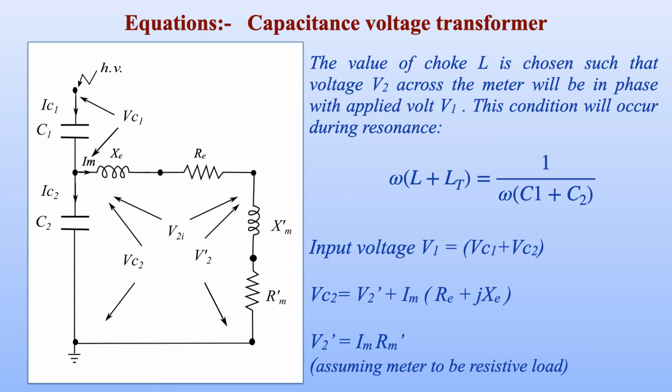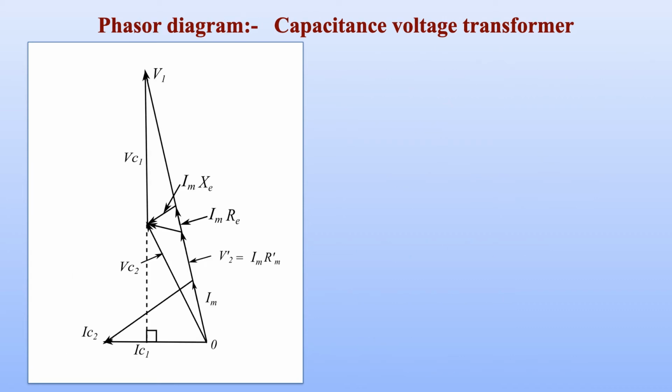So let us move ahead and check the phasor diagram for understanding this particular circuit well. In this phasor diagram, you can clearly observe the capacitance voltage transformer. This diagram is actually drawn taking into view the various voltages that were represented on the equivalent circuit.